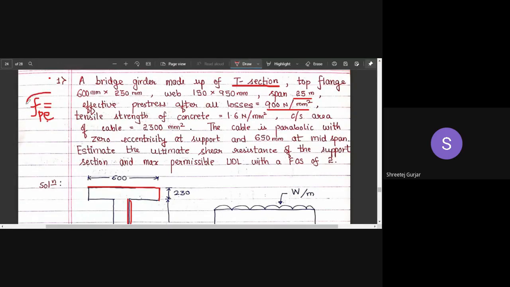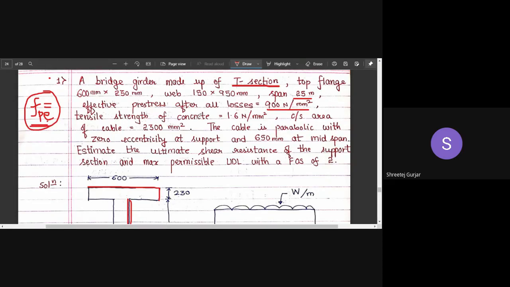FPE. So effective pre-stress after all the losses is given as 900 Newton per mm square, which you write as FPE.